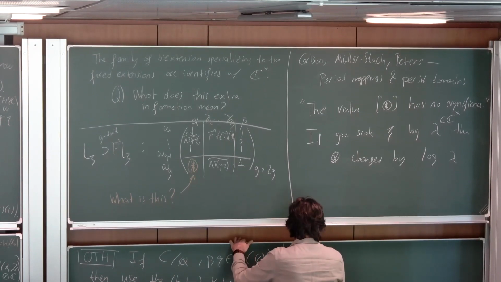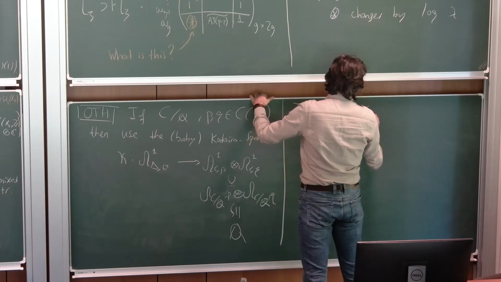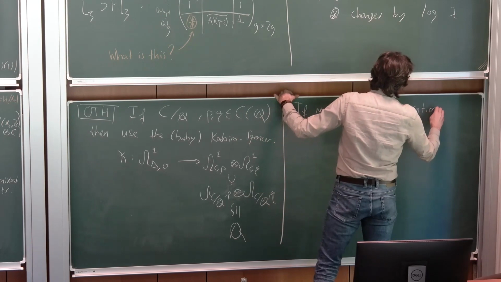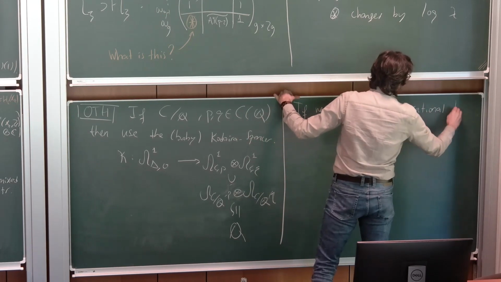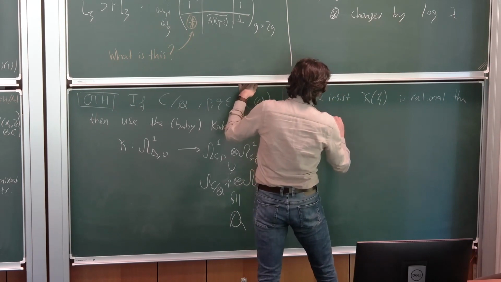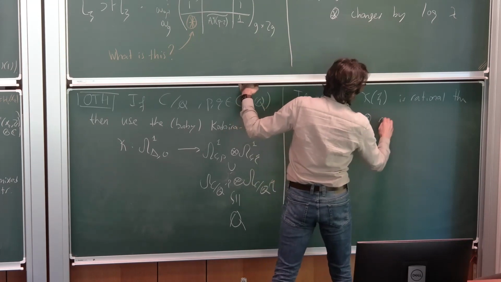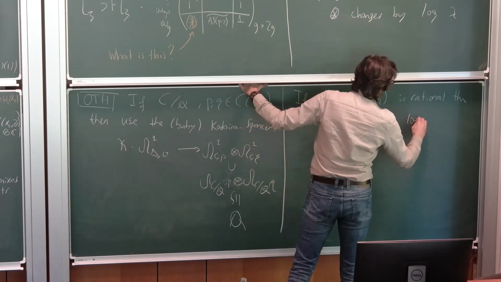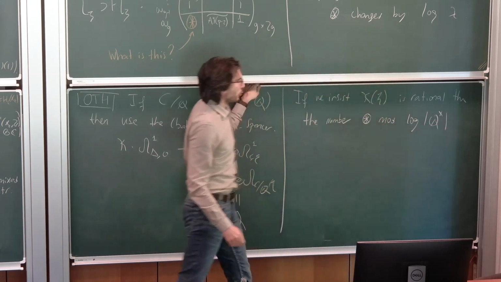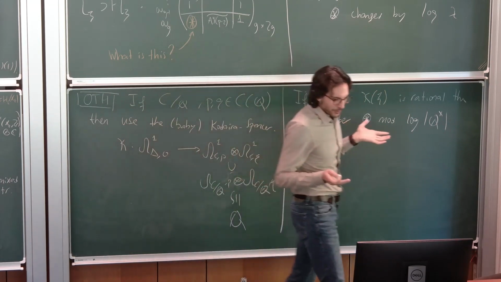So if we insist this Hodge-Spencer image of psi is rational, then the number becomes well-defined modulo logarithms of rational numbers, which is significantly better than nothing.